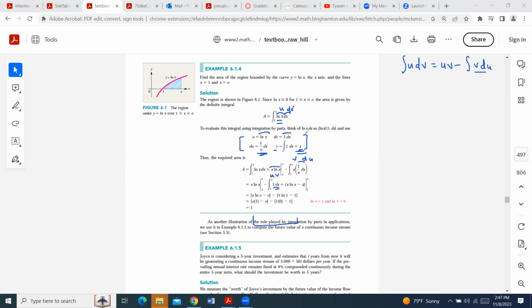So the biggest problem is always finding the antiderivative, taking the integral. Now, since it's a definite integral, you're going to plug in the upper and lower limits. So first you go with the upper, which is e. So you go here, e times ln e. Notice that ln e is 1. I think they worked out this exercise in a very detailed way, so that's great.